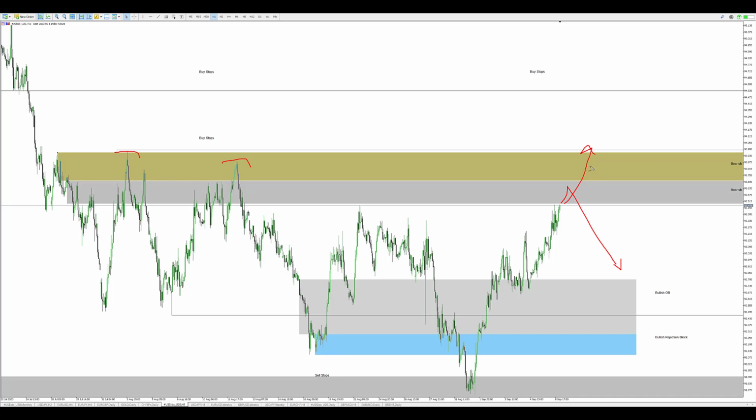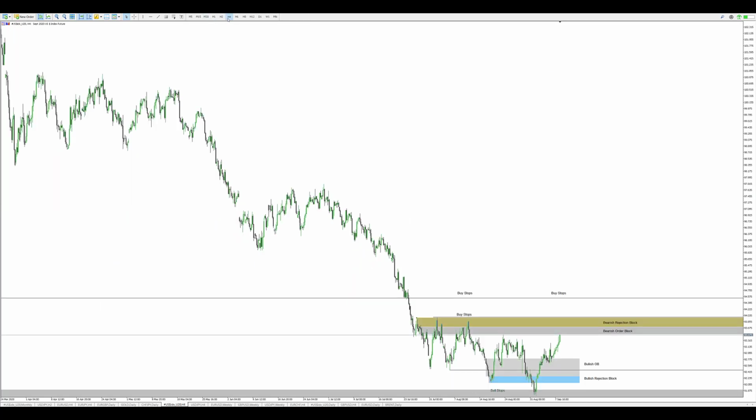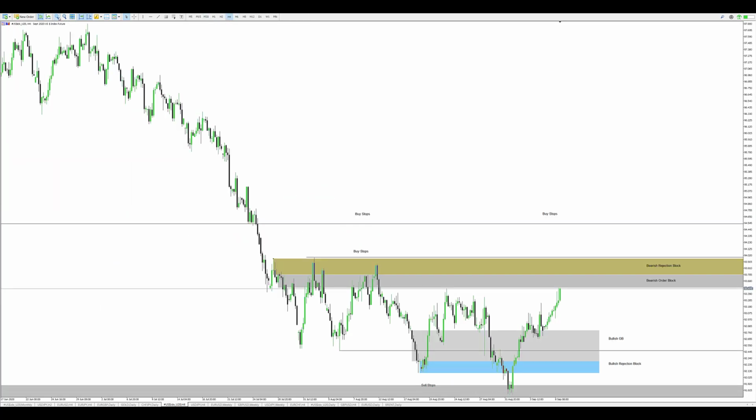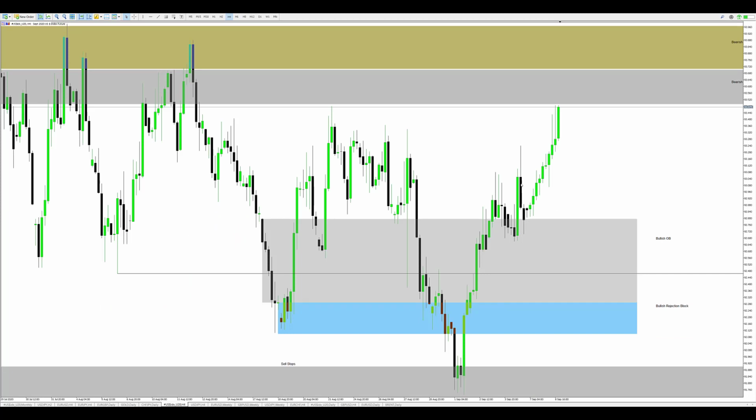So the signs and the fundamentals to support a bit of a comeback in dollar, they are all there. So it's a case of knowing which levels you are going to be hunting for long trades on DXY. These down close candles, especially on H4. If we go to an H4 chart, let me zoom in quickly. You see these down close candles here, so they will offer better opportunities for you to take the market to the upside.